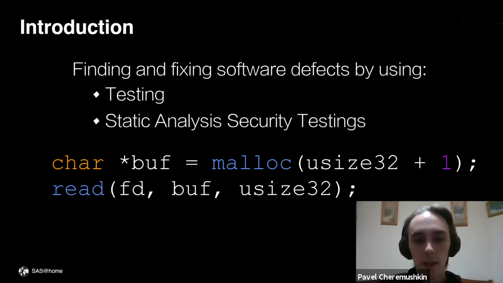So to find problems like this, static analysis was created, and the simplest example of static analysis, I think, is compiler checks. So the compiler can check easy stuff like this, that you haven't used the return value of the read function. But the problems are getting more complex with time, and static analysis tools are getting more complex as well to find them.